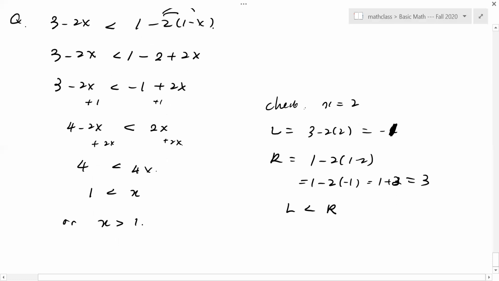Sometimes, yes. But before you send the message to me, you double check. You use a special number, right? If your answer says x is less than 1, you just say x equals 0. Plug 0 for x on both sides to see if the inequality holds. And obviously it's not, then indeed your answer is wrong. So you still have to go back to find out where the mistakes are.